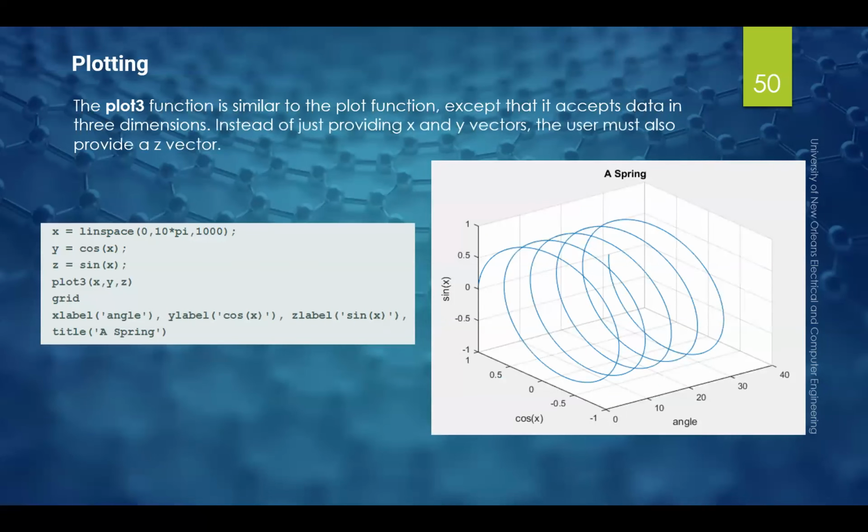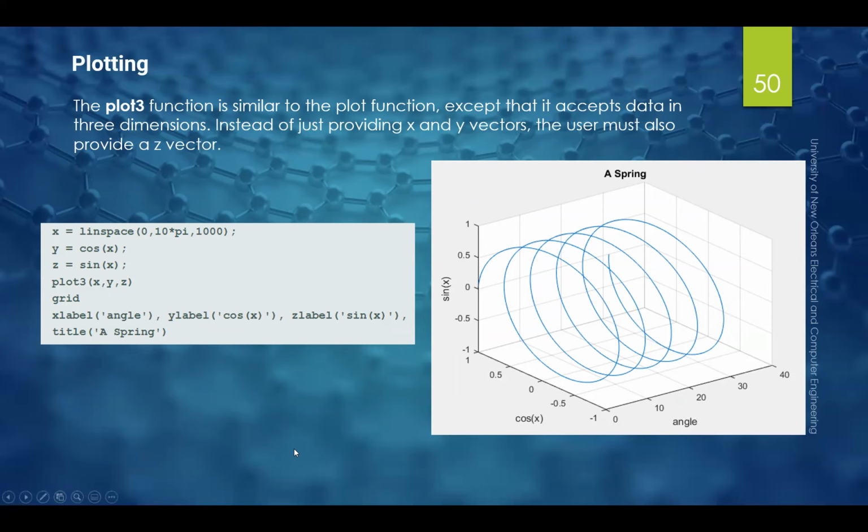For example, the plot3 function is similar to the plot function, except that now you have data in 3 dimensions, not just 2 dimensions. Instead of just providing x and y vectors, we also have to give it another z vector, if you will.